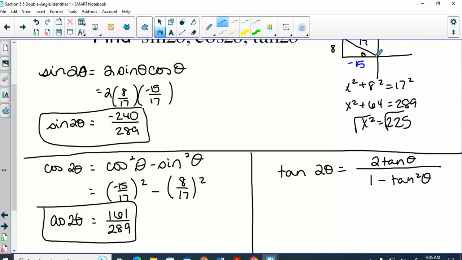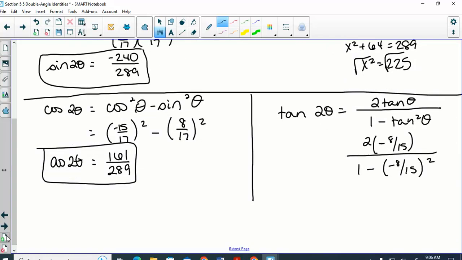Okay, so from my triangle, tangent, opposite over adjacent, is negative 8 over 15. It's kind of ugly, but we can use our calculator and figure this out.